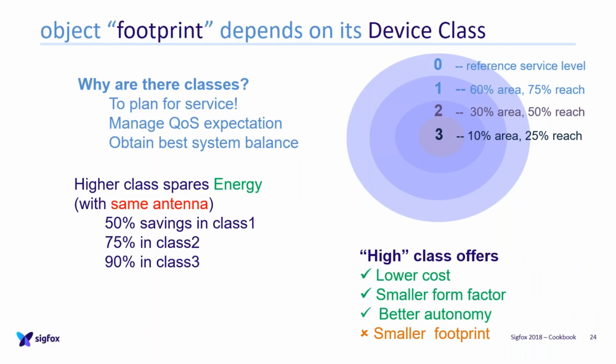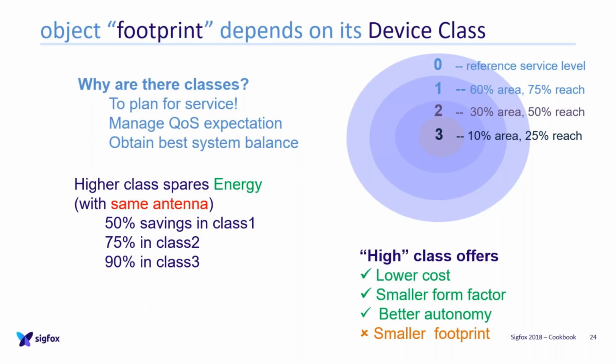Now, if you look at it more closely, in fact, if you use the same antenna to make a class 0 device and a class 1 device, then the class 1 device will have a lower footprint, but will have 50% energy savings, which means that the class and the radiated power are really a way to drag down your energy budget. And of course, the energy budget means smaller battery, longer autonomy, and lower cost, because the battery is smaller.